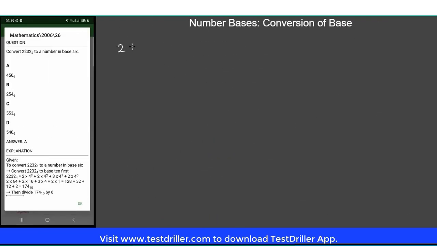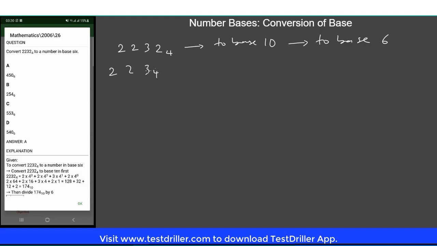So you have 2232 in base 4. The first thing we'll do is to convert to base 10, then convert to base 6. So let's convert to base 10.